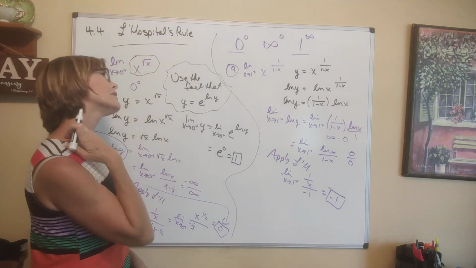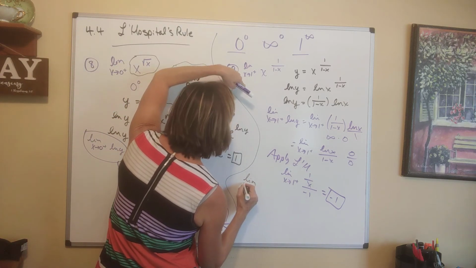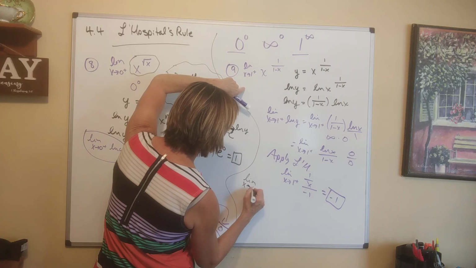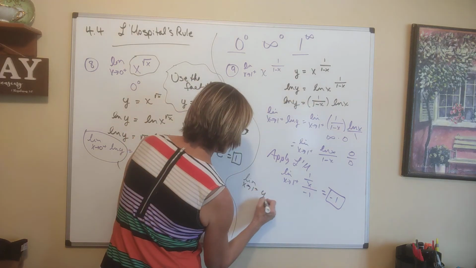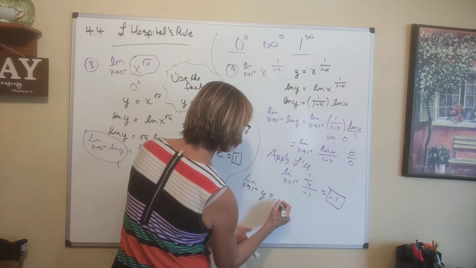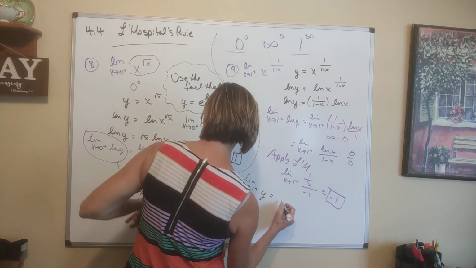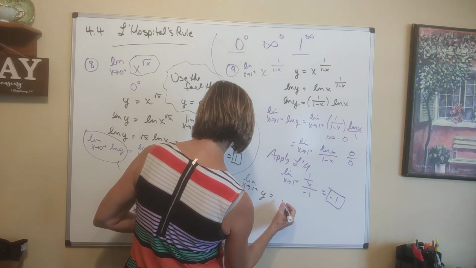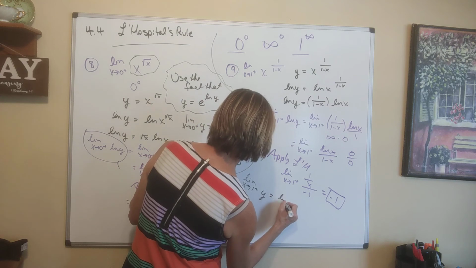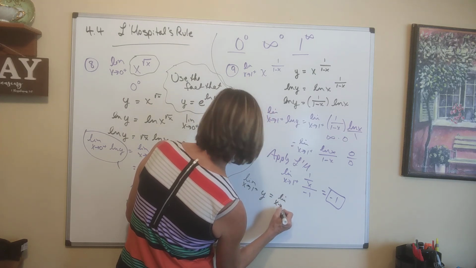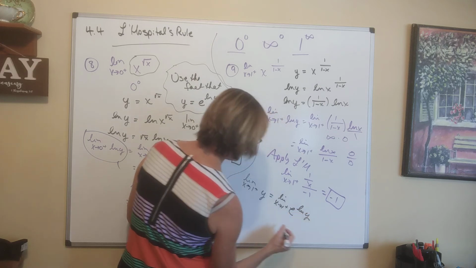So what we really are after is the limit as x goes to 1 from the right of y. And this is equal to the limit as x goes to 1 from the right of e to the natural log of y.